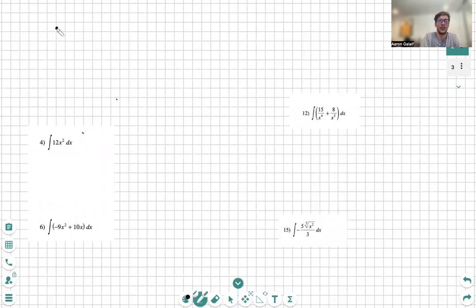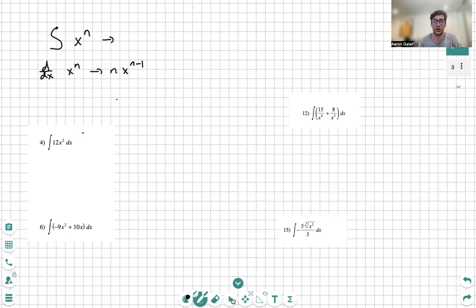First, I have my integral symbol, my antiderivative of x to the power of n. What we need to do is, we know when we're deriving, right? When we are deriving this, we multiply n to the front, the exponent to the front, and subtract 1 from the exponent.